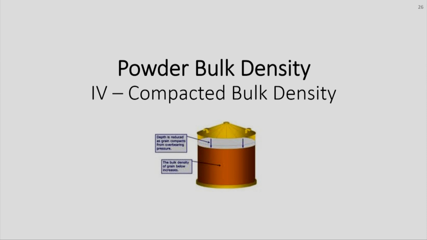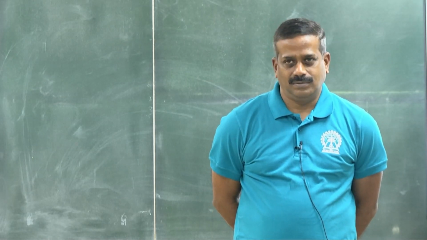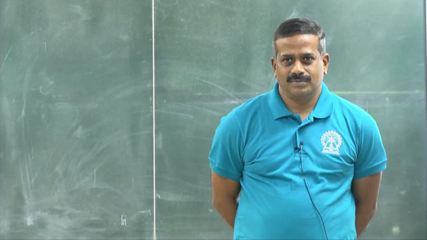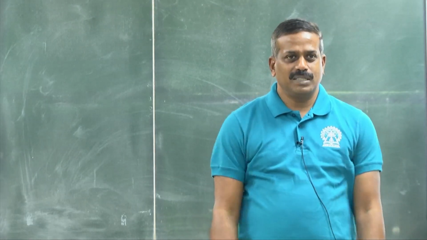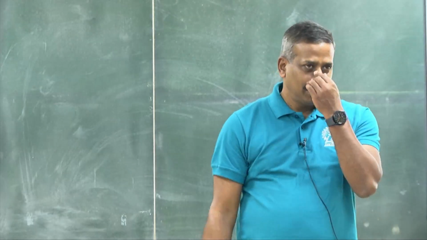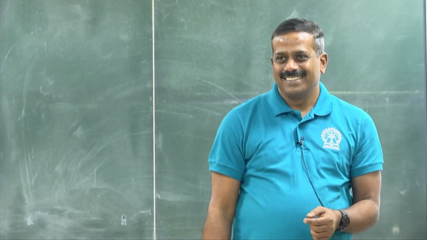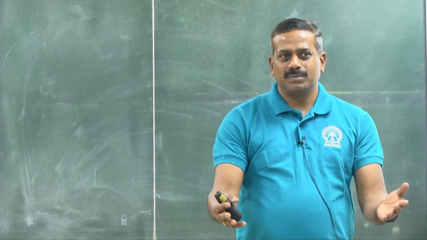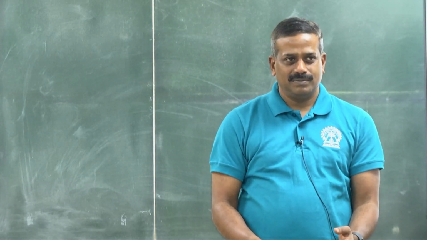Why do we have to measure bulk density? Keep going. My question might not be clear, but based on your responses, I can modify the question. So what is the basic purpose of bulk density, at least when you're manufacturing food powders?